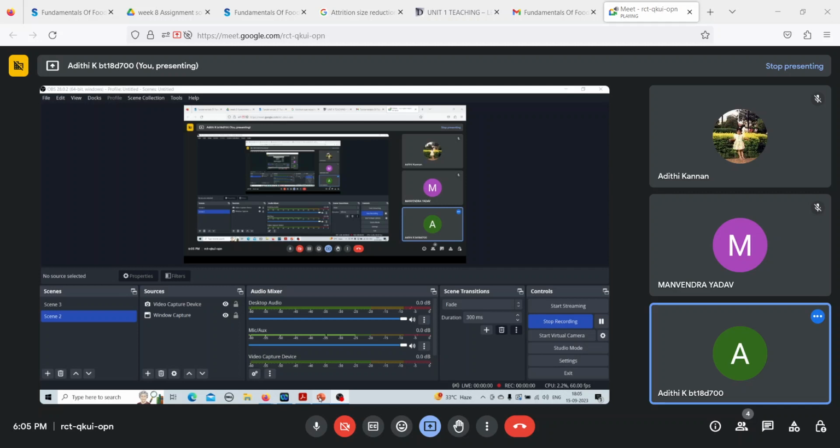Stokes diameter: if you remember Stokes law, it involves the calculation of the terminal velocity. From Stokes law, you can calculate the terminal velocity of a particle, which we have discussed in previous weeks. The Stokes diameter is the diameter of a sphere that has the same terminal velocity as that of the particle.